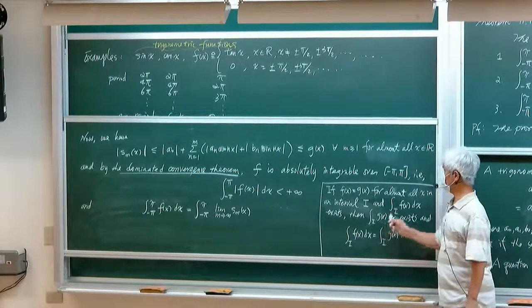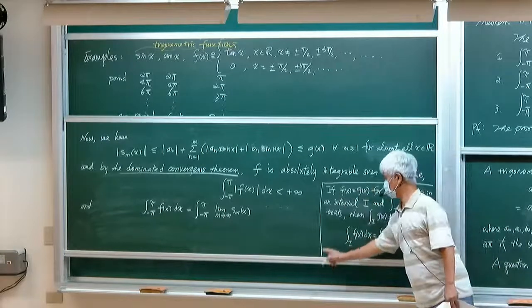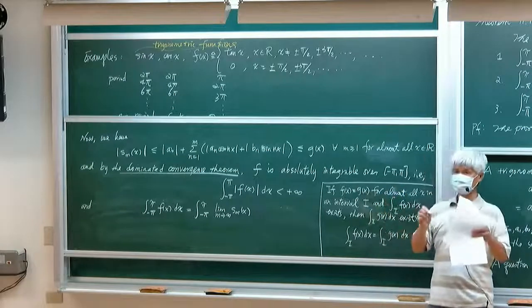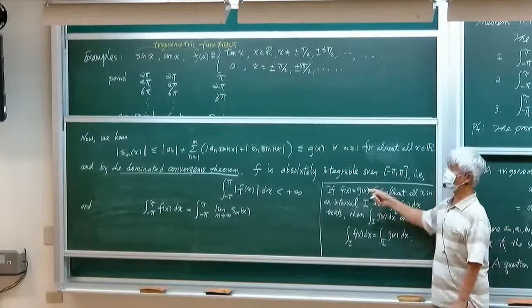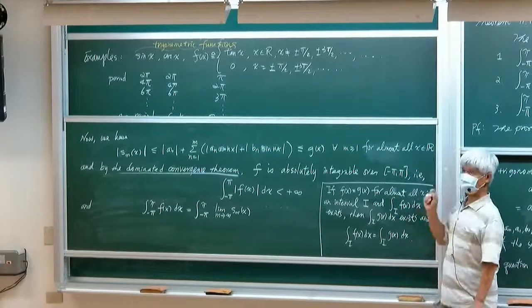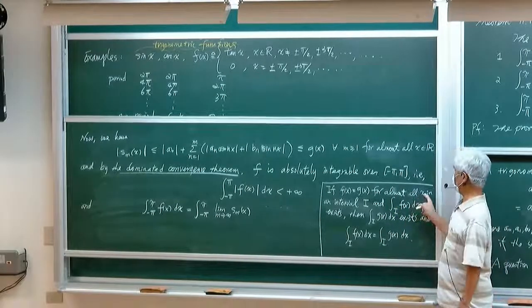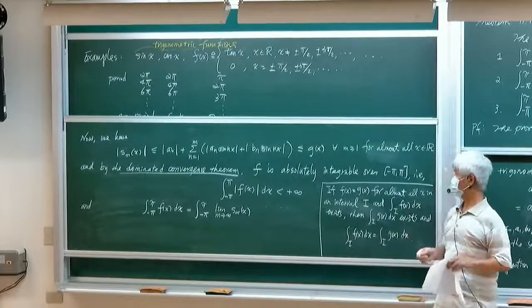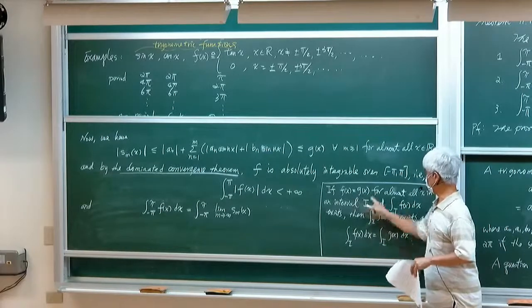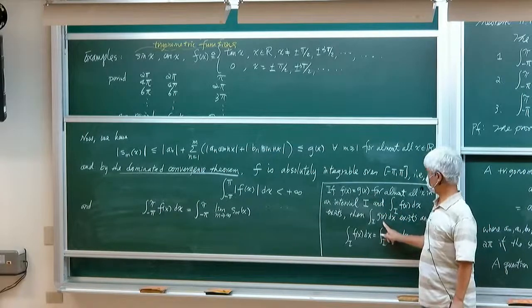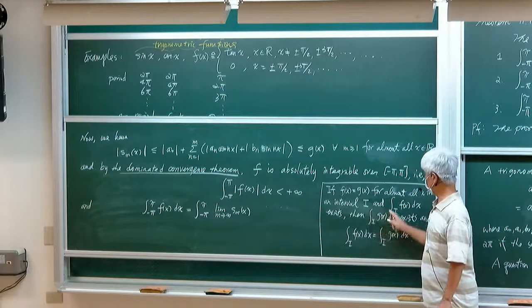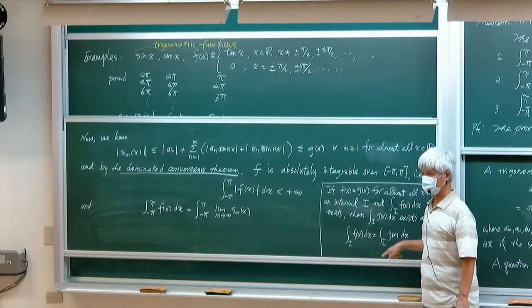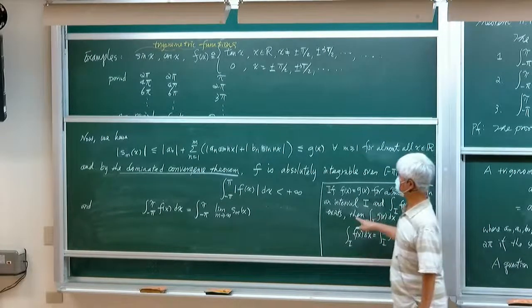This is a fact from analysis: once two functions disagree only on a subset of R whose length, like delta, is 0, and one of them has a finite integral, is integrable, then the other one is also integrable, and the integral will be the same. So this is a fact.